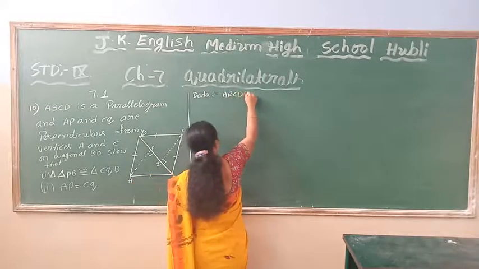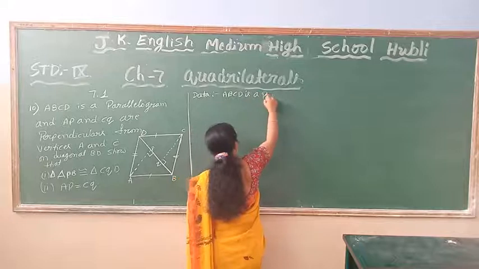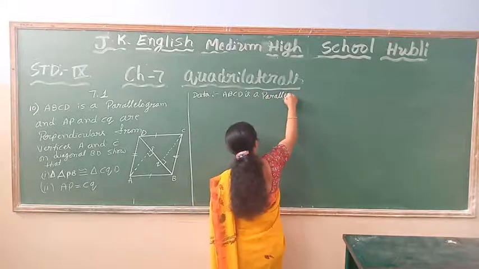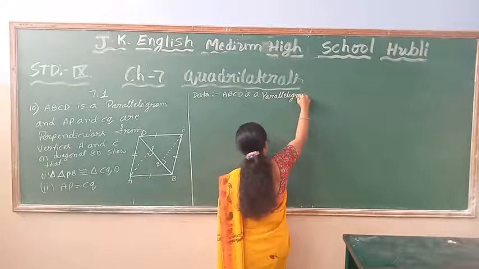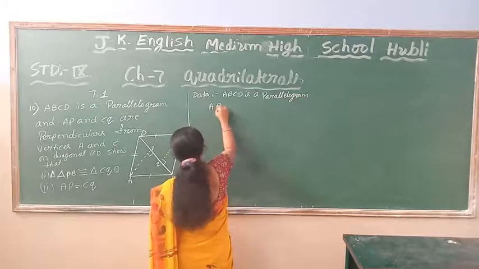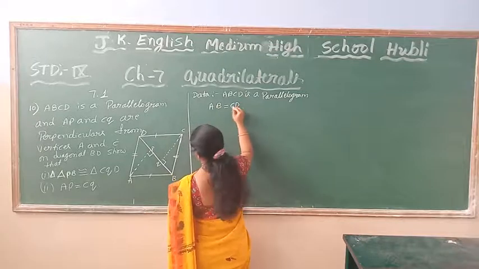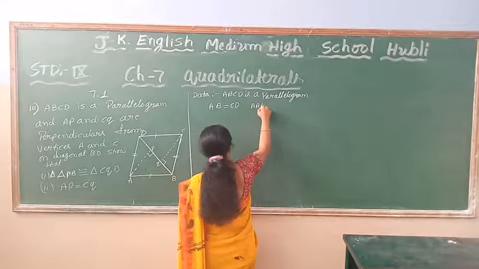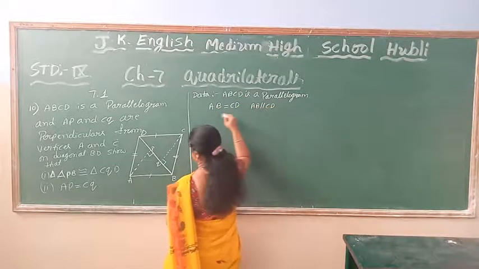ABCD is a parallelogram. According to the property of a parallelogram, opposite sides are equal and parallel. This we know already.